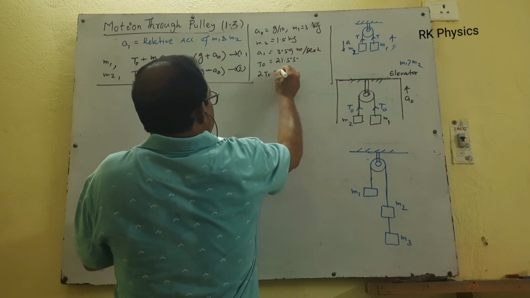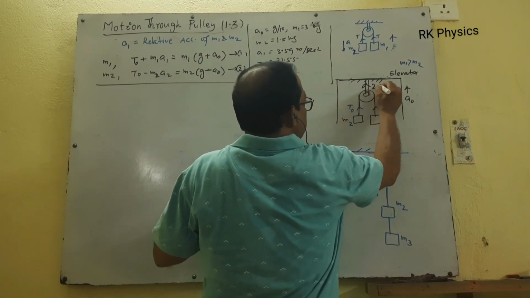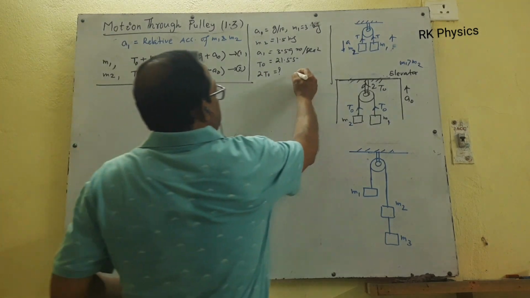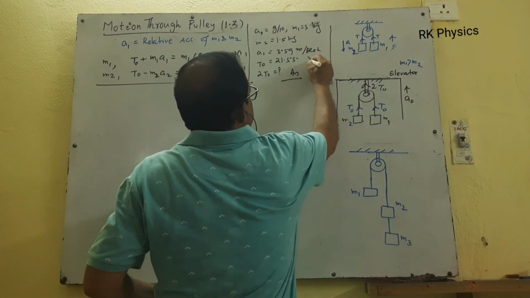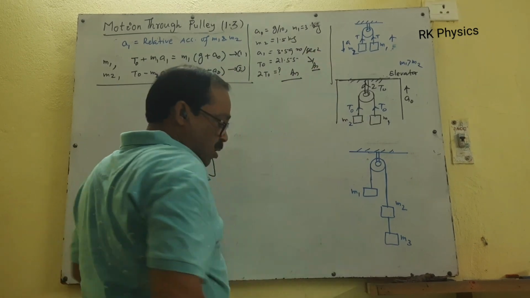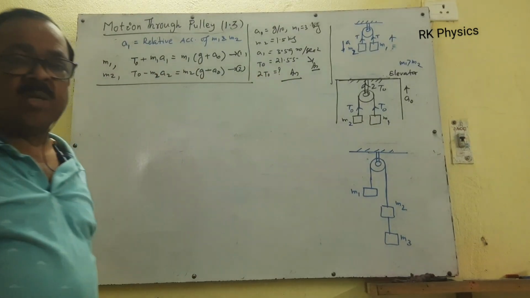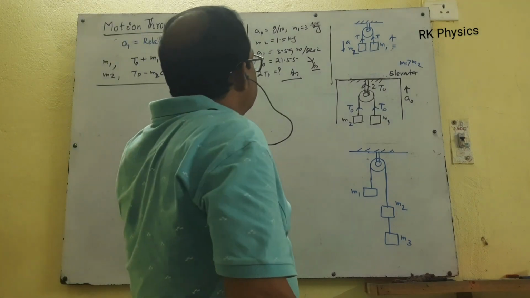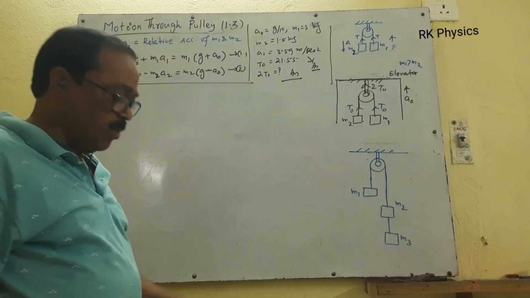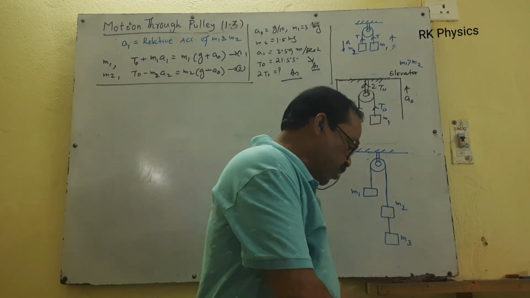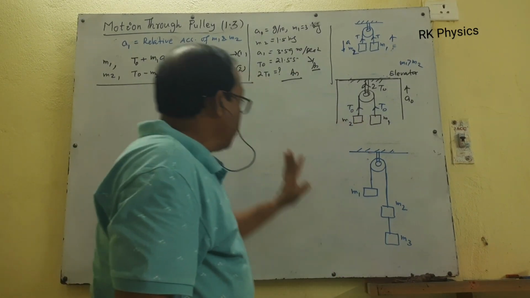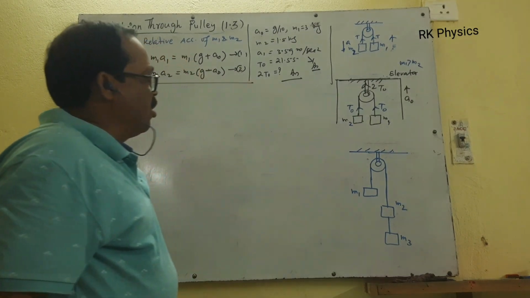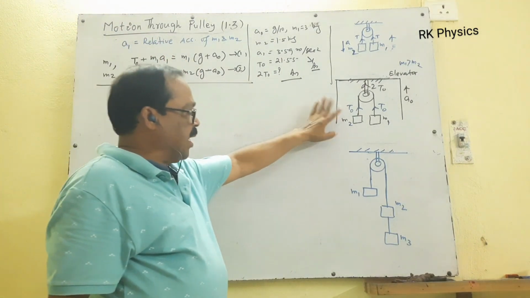Similarly, find 2T0, and this is the answer part. This problem is given in Concept of Physics HC Verma 1, in the Laws of Motion exercise, perhaps problem number 16 or 17. If you put this formula and write the data, it is possible to find your answer. So this is one of the applications.